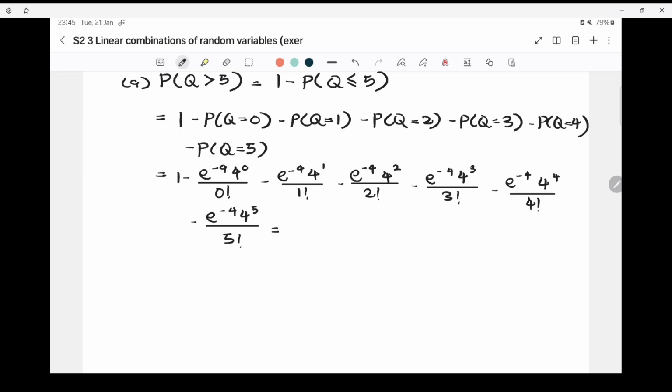Once you calculate all that, you will find that this is 0.2149.